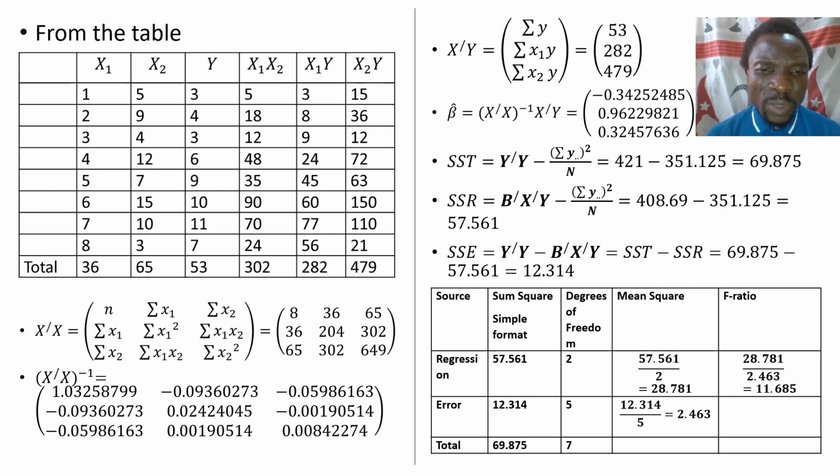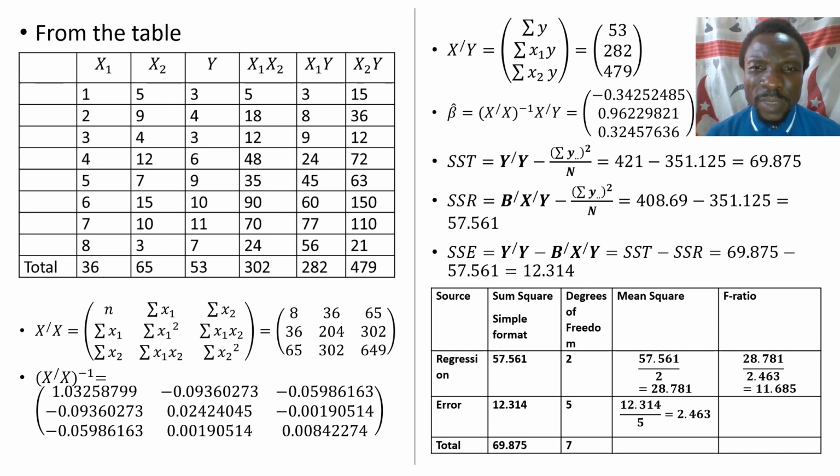These totals are then inputted to form our X prime X matrix. After that, we obtain the inverse of the matrix, and then also obtain our X prime Y, which can be expressed with the formulas: the sum of y, the sum of x1 times y, and the sum of x2 times y. And so our estimator, beta hat, is the product of the inverse of X prime X and X prime Y. That gives us that column matrix we have there.